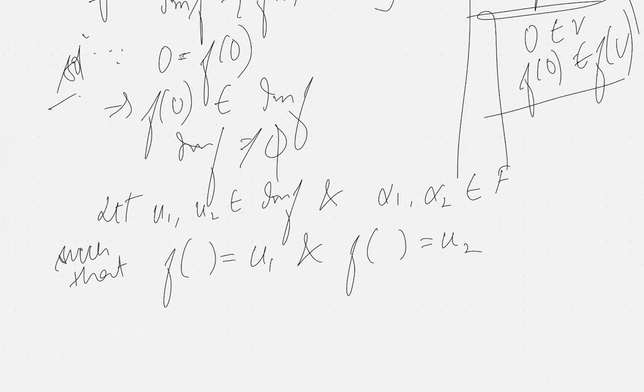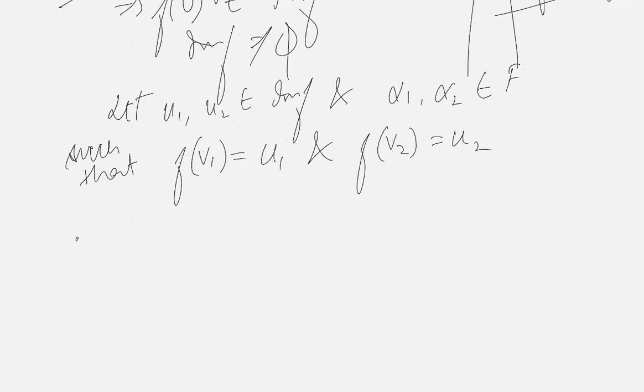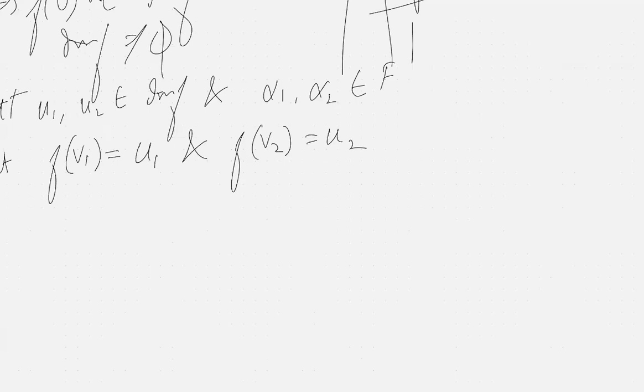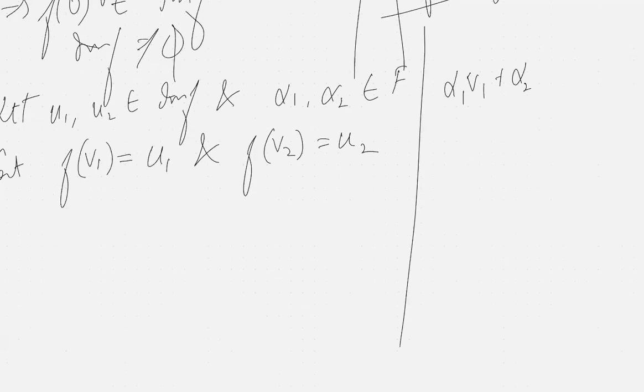So therefore, okay, this is the reason. Now, again, let's think backwards. We have to show that alpha 1 u1 plus alpha 2 u2 belongs to image f. Why will it belong to image f?